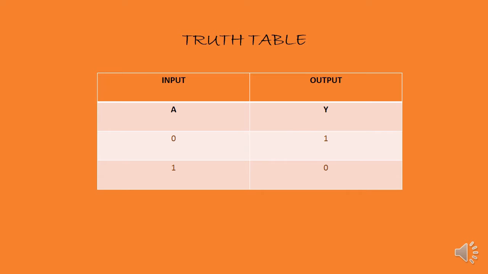Thus this is the inverted output we get. When A is low we get its inversion, that is high output. When A is 1 we get inverted output, that is Y equal to 0. So this is the truth table of a NOT gate. The design of a NOT gate using discrete circuit components we will see on the next slide.